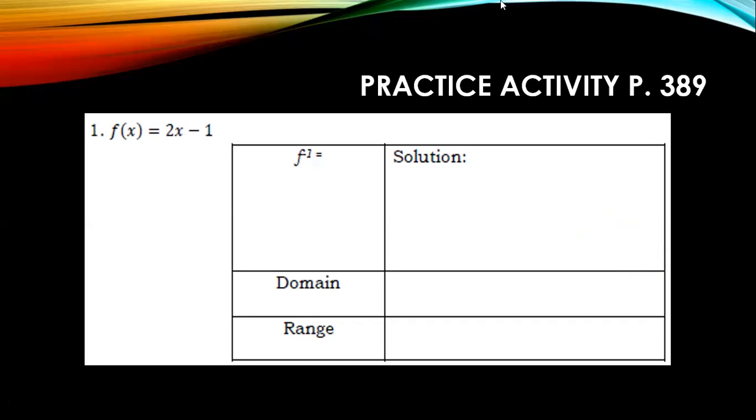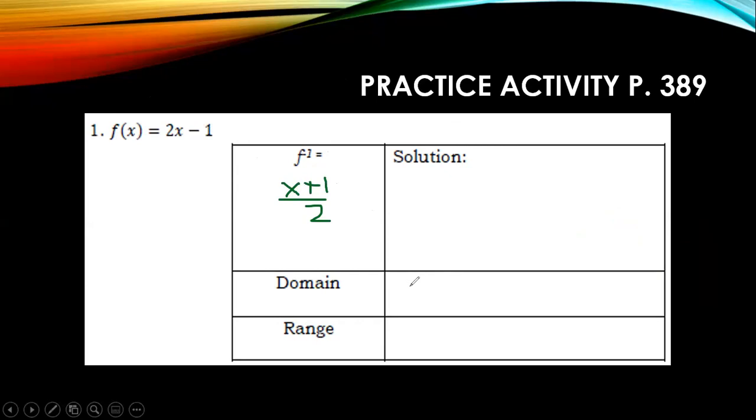Okay? This is just a practice activity. So, pwede na lang by inspection, f of x equal to 2x minus 1. That will be f raised to negative 1 is equal to x plus 1 all over 2. Okay? So, for the domain, kahit ano naman, di ba? Pwede nating i-substitute kay x.